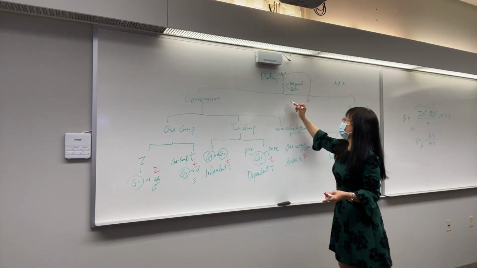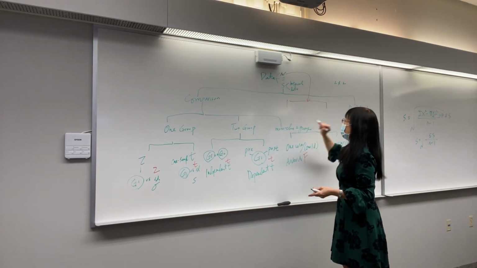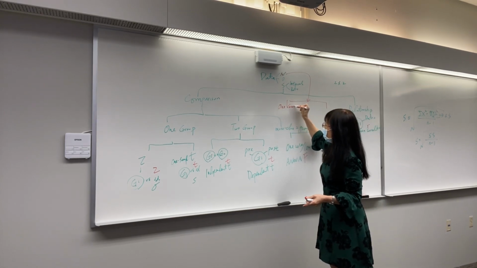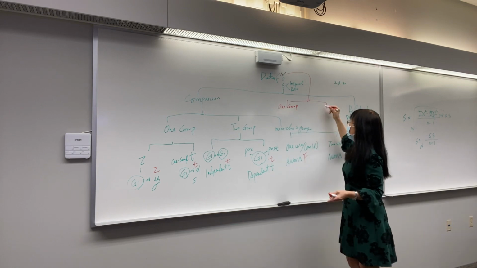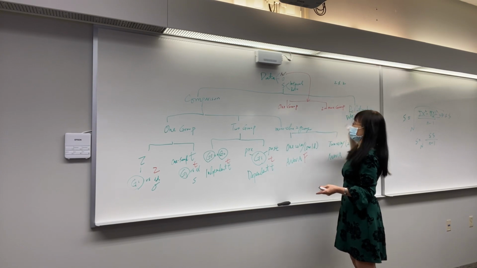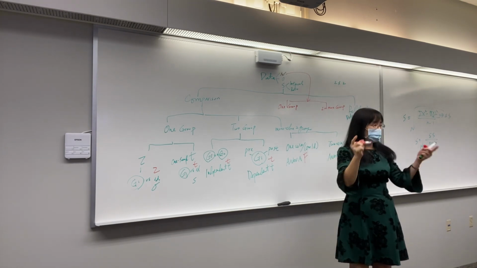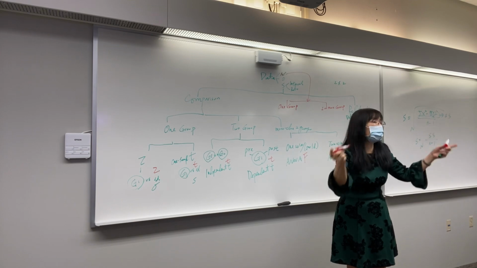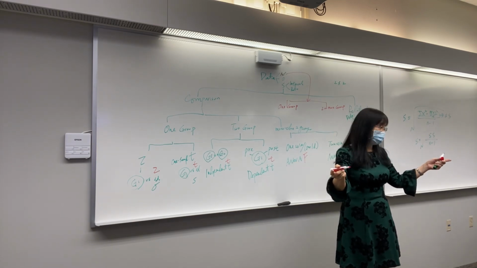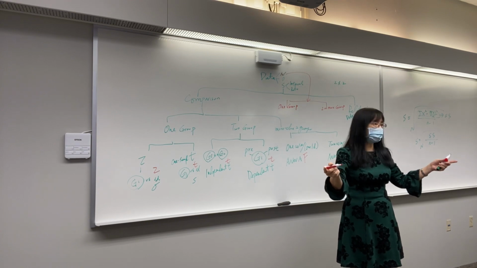You can also say I want to do 1 group, or I want to do 2 or more groups. So 1 group, and they are nominal data. So of course you cannot do mean score. Instead you do percentage.